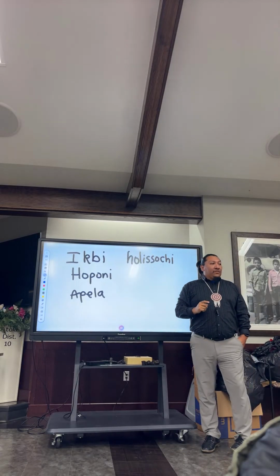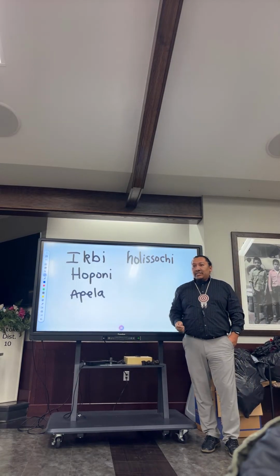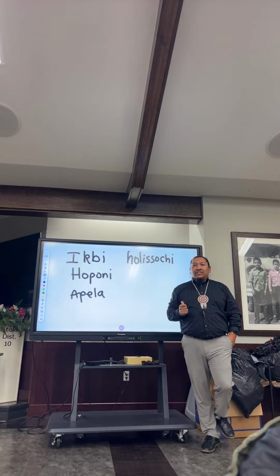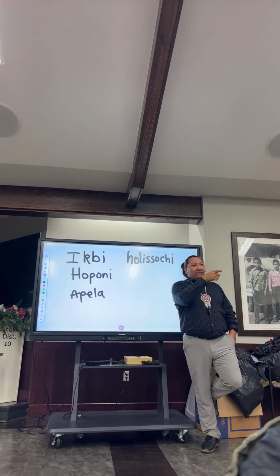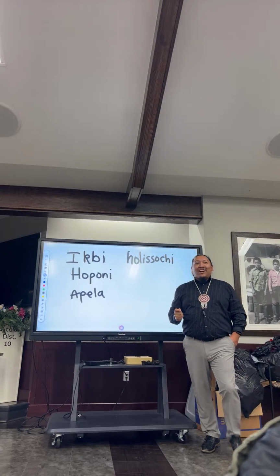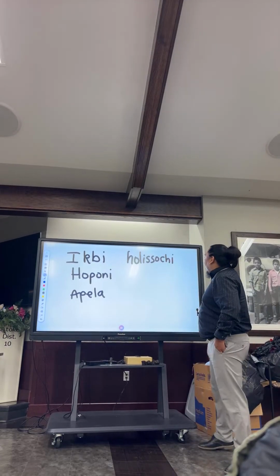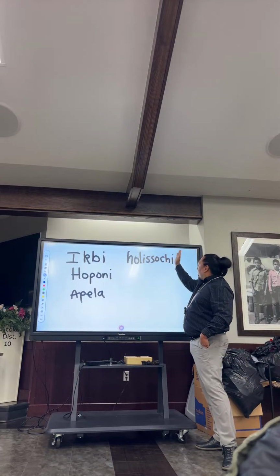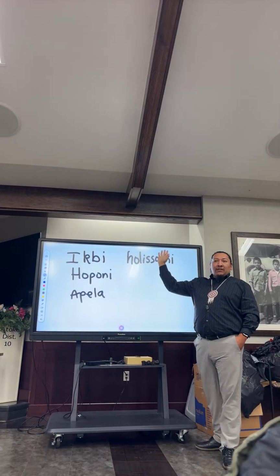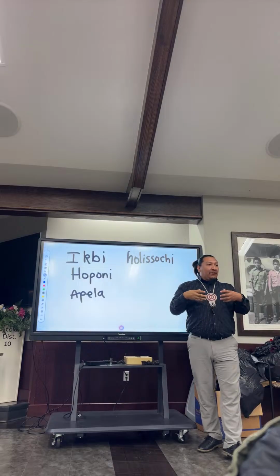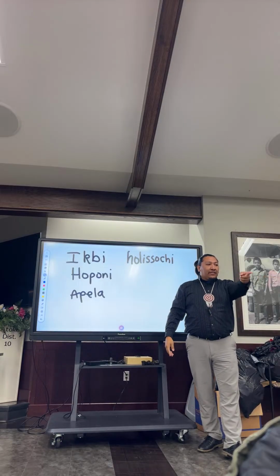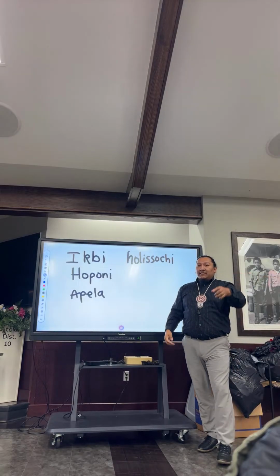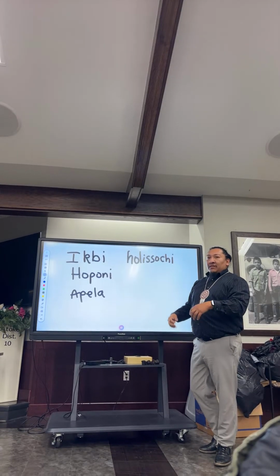Holisochi. Holisochi. Does anybody know what Holisochi means? It's what most of you guys are doing right now. Writing. So holiso by itself, without the chi, just means book, paper, any kind of paper product like that book, that little notepad, a newspaper.